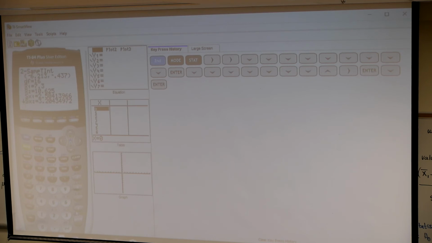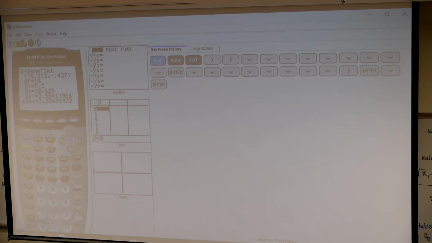Now, does 0 fall in that interval? I'll give you a minute so that you guys can get it. Does 0 fall in that interval?